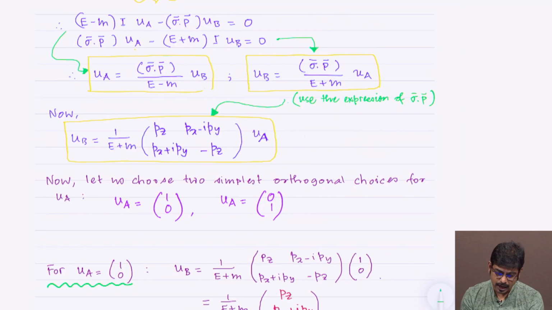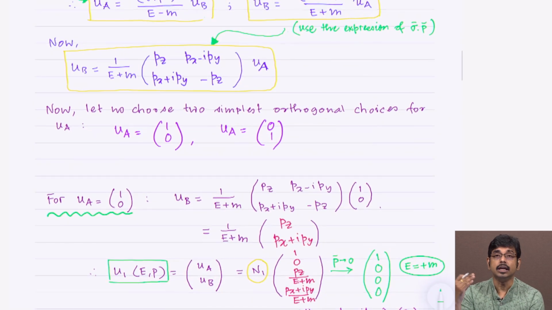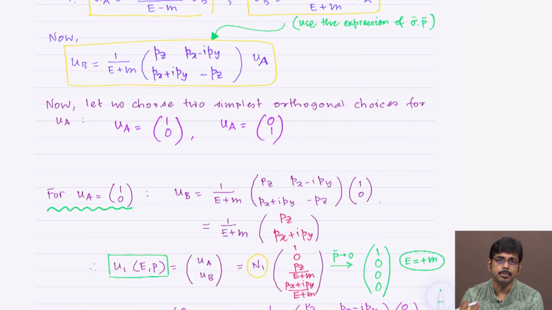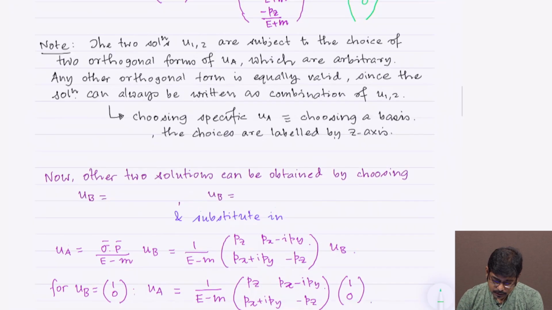So, we can choose 2 different orthogonal forms of u b and find the corresponding u a from this relation, because you remember we had 2 relations, like u a was related to sigma dot p by e minus m into u b. We can exploit this relation, use the 2 orthogonal forms of u b, find the corresponding u a and find the other 2 solutions of the Dirac equation. So, let us do that.